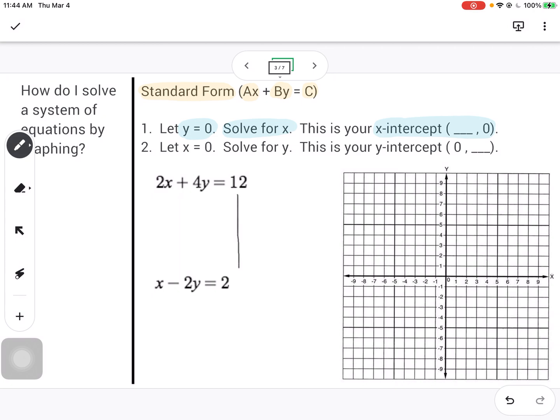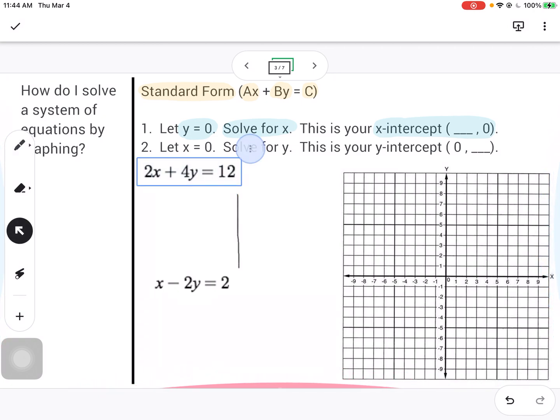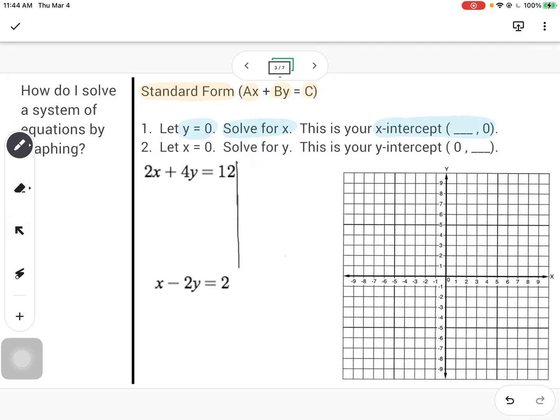So I'm going to move this over here. I'm just going to write this equation twice because we're going to solve it in two different ways. So first we're going to let y equals 0. That means instead of y, we're going to plug in 0.